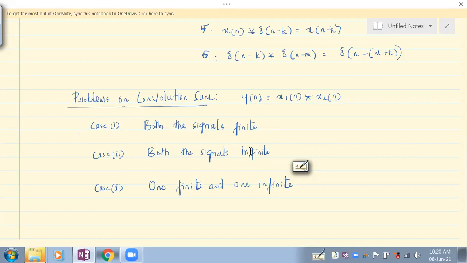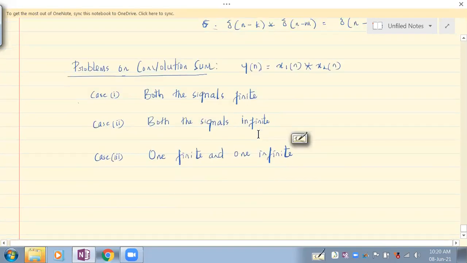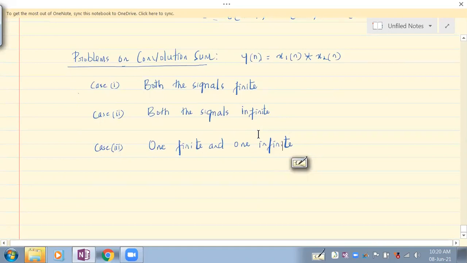So you should now understand they'll give us 2 signals and ask us to find the convolution of those signals. Let's go with both the signals as finite signals, the problems on case 1.